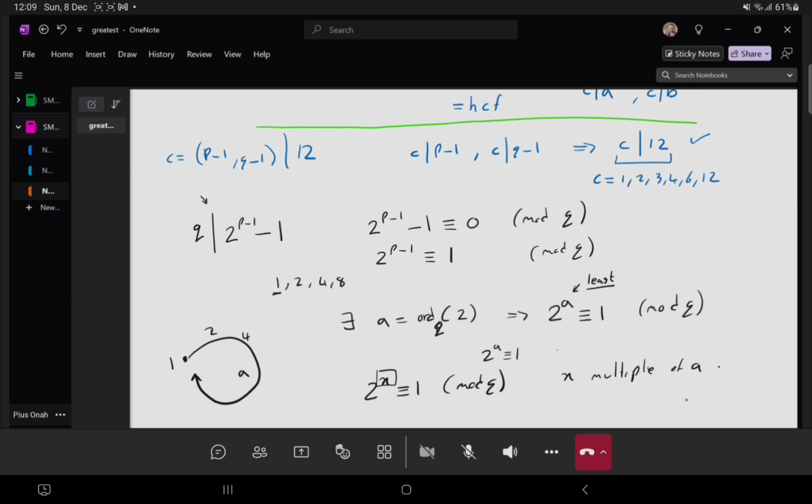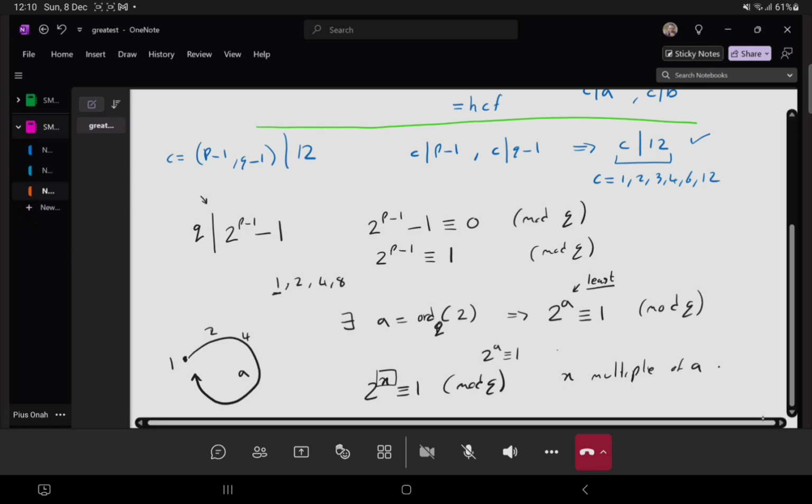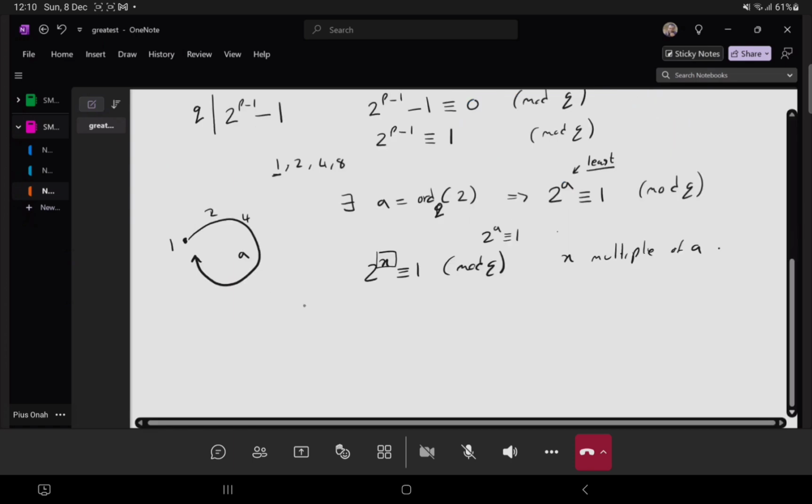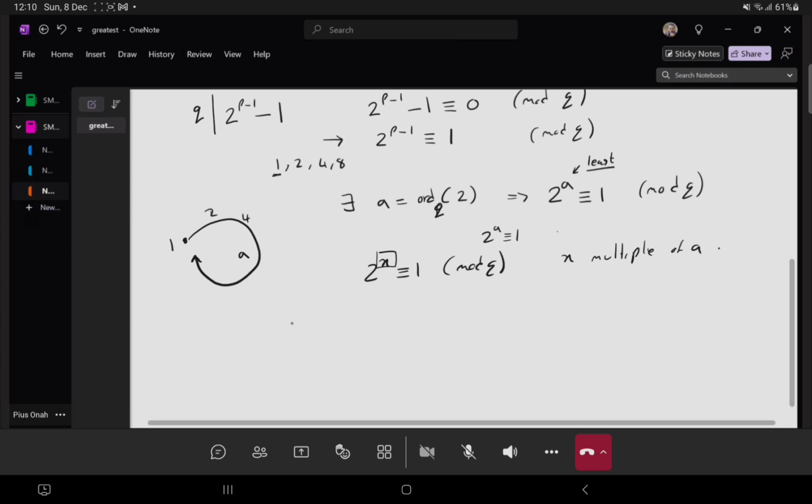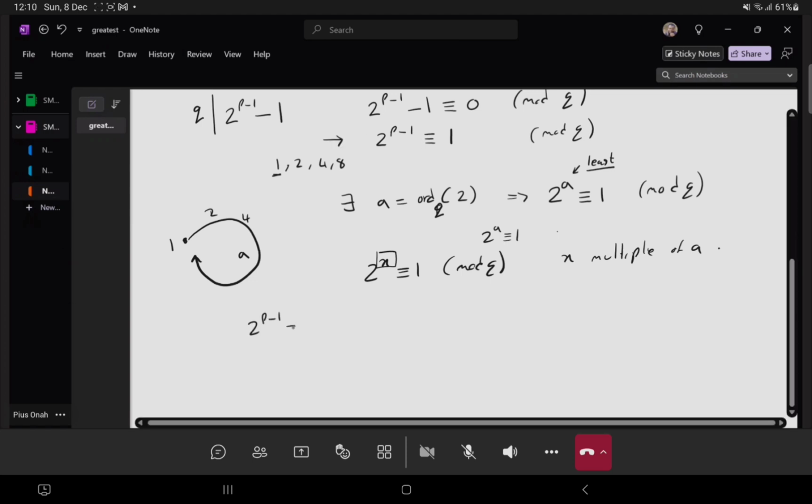With this now, we can analyze the problem a bit better. On one hand, we have what we got from the question: p minus 1 is such a value that gives 1. Whatever a is, we don't know what a really is per se, because it depends on Q, but we know that p minus 1 has to be a multiple of that a.